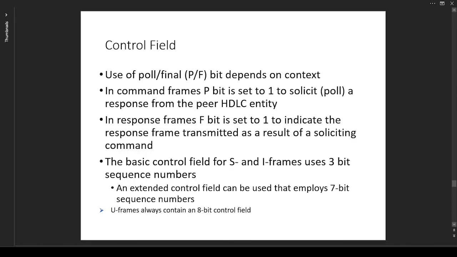Note that the basic control field for S and I frames uses 3-bit sequence numbers. With the appropriate set mode commands, an extended control field can be used for S and I frames that employ 7-bit sequence numbers. U frames always contain an 8-bit control field.